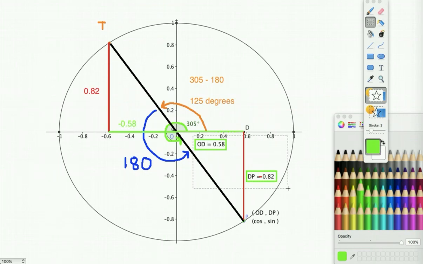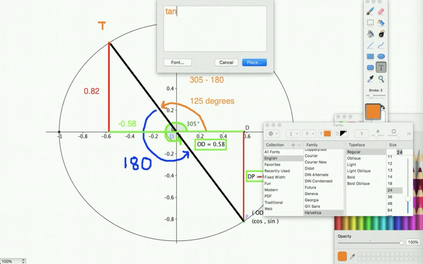Negative divided by positive has the same value, same sign, as positive divided by negative. So long story short, your tangent of 305 degrees is equal to your tangent of 125 degrees.